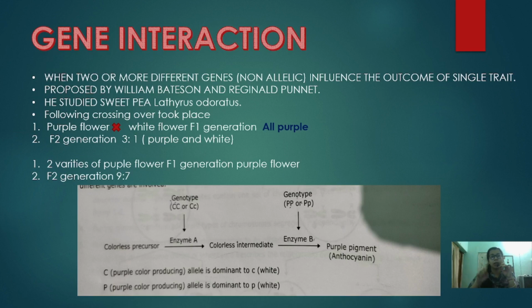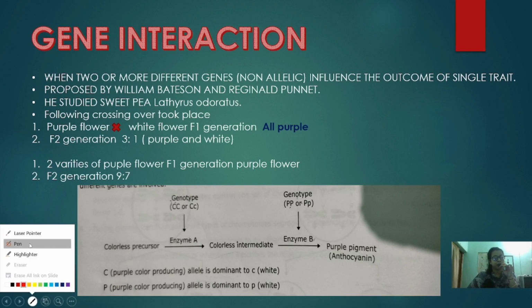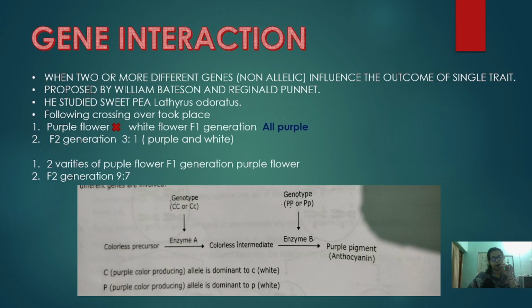Allelic means a single gene with two alternative forms, and another gene with its alleles is the non-allelic form. As you can see here, this capital C small c and these pp are the non-allelic genes.